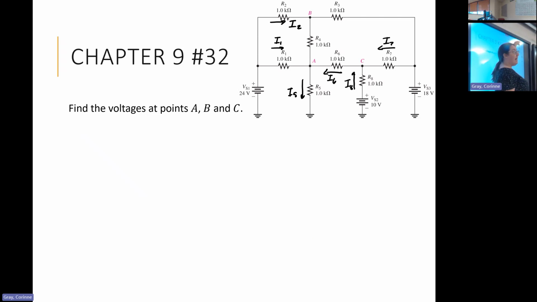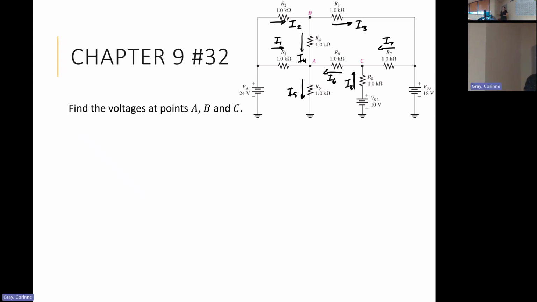If we follow the idea of current flowing around this way, R4 would be up. We are welcome to do that. We can also guess that it's down. It doesn't matter, as long as once we pick our sign, we go with it. Who would like to see I4 up? I4 down, yes, we'll try it down. It's okay if we're wrong. The value is just going to pop out negative. We'll have I3 this way.